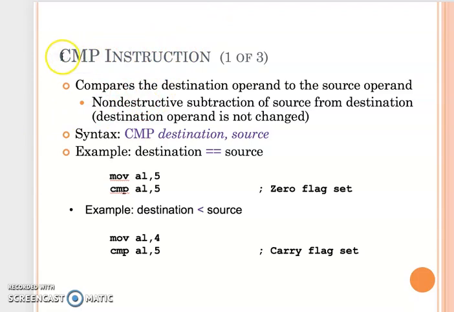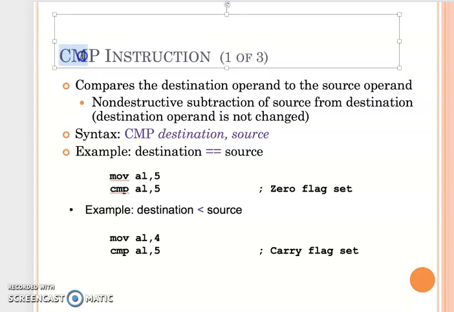Remember before we showed you, we have some instructions that won't change the operand value. One is test, the other is comp. So with comp we compare two values. If they are two registers, then it will just subtract the source operand from the destination, but your destination operand value won't change.